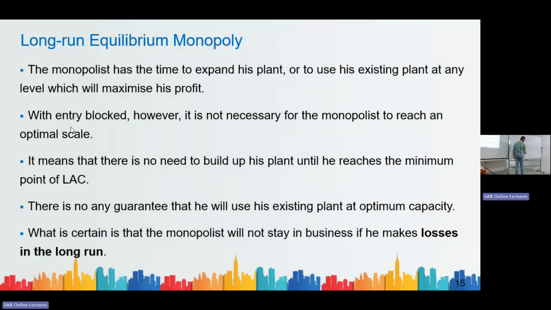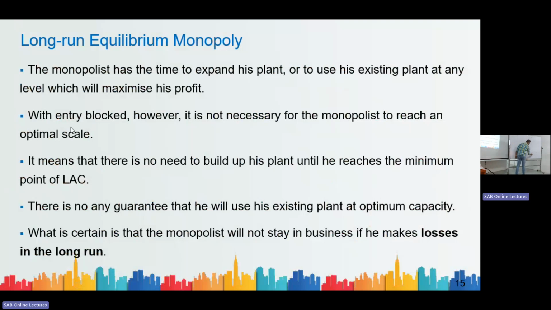Beyond this scale, what happens? Long run average cost starts to increase. It is not beneficial for the firm, so the scale will stop here. That is why it's the optimum scale. If the firm expands its scale further, long run average cost will go up.